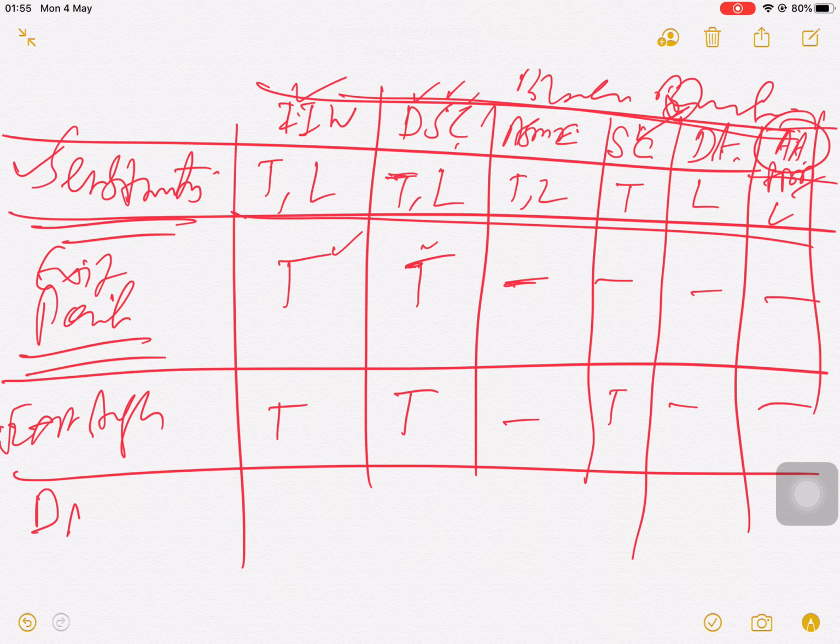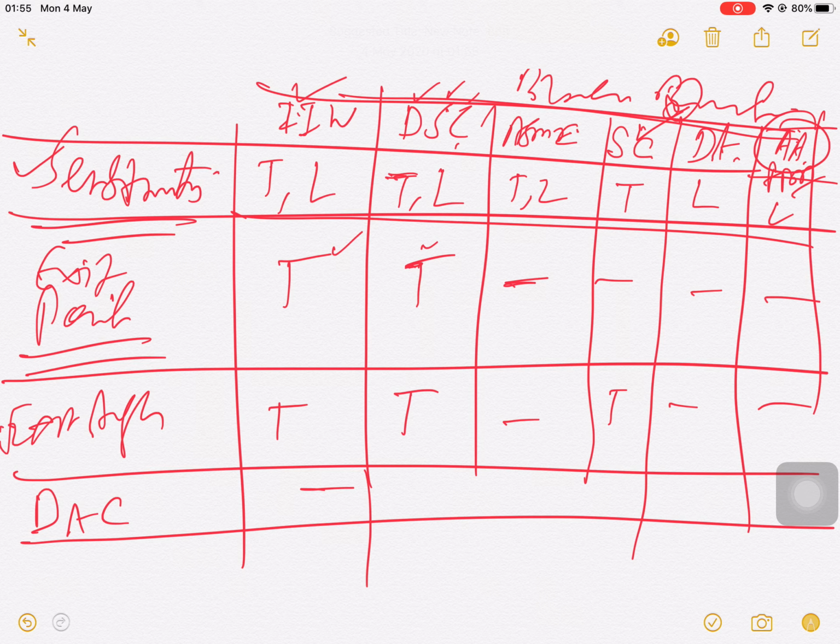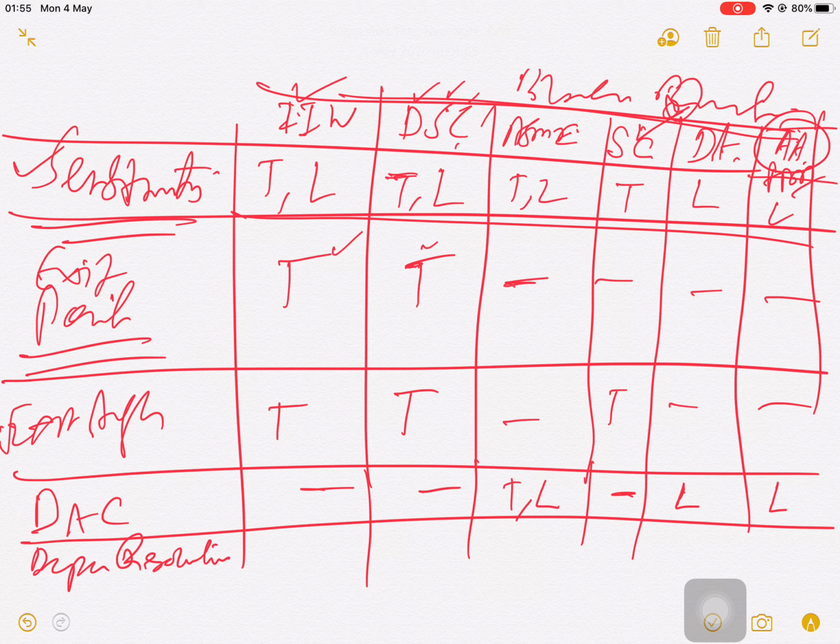And for the distance amplitude corrections we are not taking from IIW and DSC, but ASME we are taking in this case, transverse and longitudinal. And DA, distance amplitude, also we are taking here longitudinal, and area amplitude for the longitudinal. For the depth resolutions, in the IIW this is only longitudinal wave.